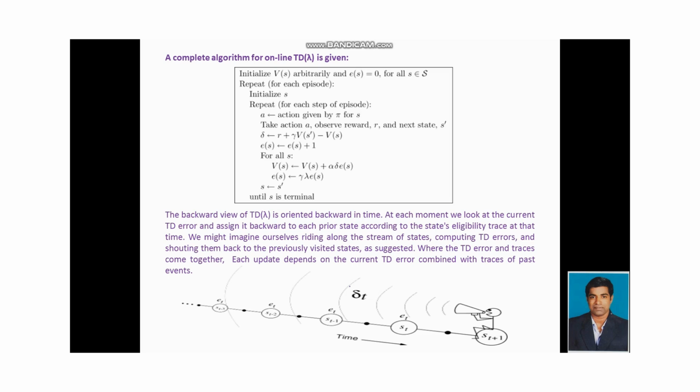Where the TD errors and traces come together, each update depends on the current TD error combined with the traces of past events. In this diagram we are looking back to the previous states and calculating the eligibility trace in the backward view.